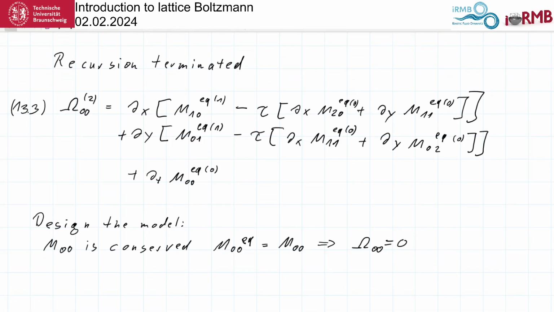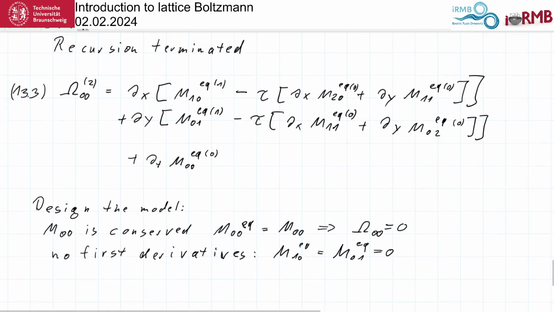Then we observe that our equation that we want to solve does not have any first derivatives in it. And we have the first derivative of the equilibria of the first order moments. So we find that if there is no first derivative, we need to put these to 0. M10 equilibrium is the same as M01 equilibrium, and together this is all 0.